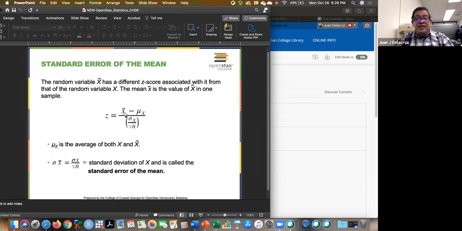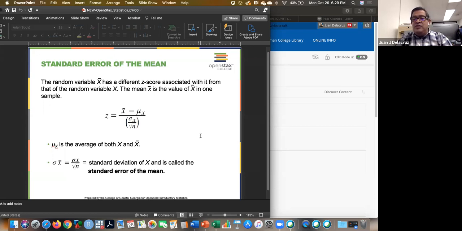And then to compute the degree of variation, I'm going to use the standard error. That standard error is going to be based on the value of my sigma divided by the square root of the sample size. That is very important because here we can use a sample and the sample size is going to account for the sample.